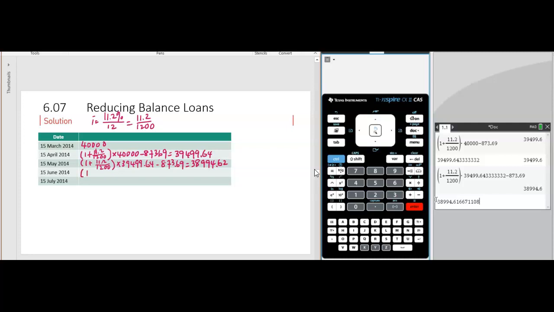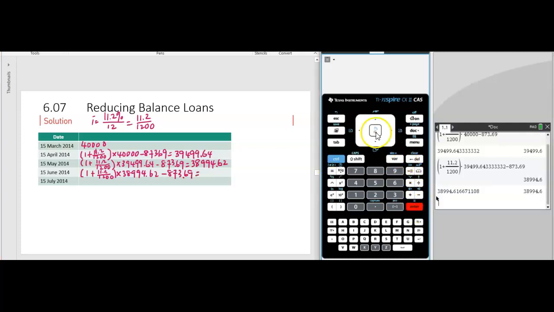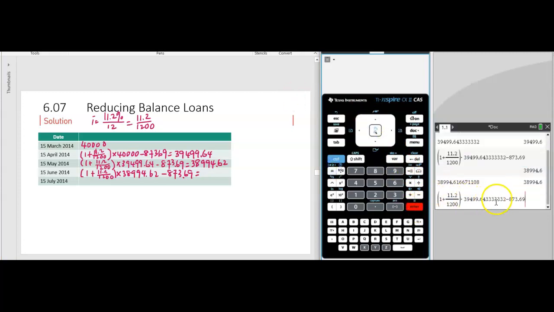With the same approach: 1 plus 11.2 divided by 1200, close bracket, times 38994.62 minus 873.69. Again, I just press enter here, and use the arrow key to copy whatever I've done.